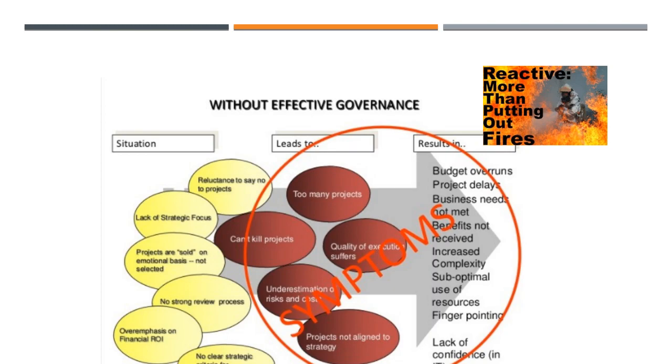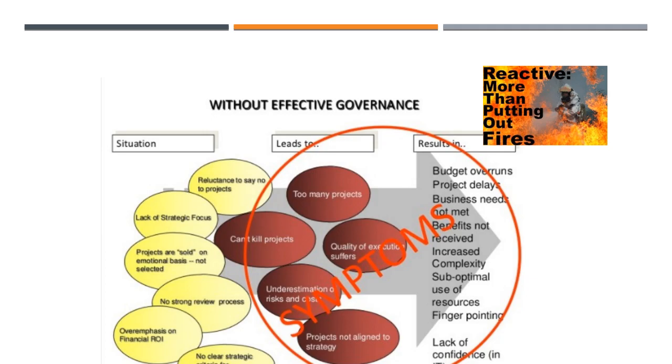So this is a good diagram, I like it. Here it shows you just a flavor of what we have just talked about. If you don't have effective governance, you will have these problems: too many projects that you don't need or that are not aligned with your business objectives. Quality suffers.